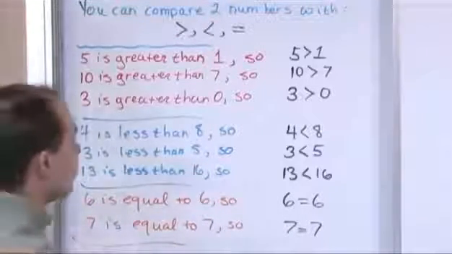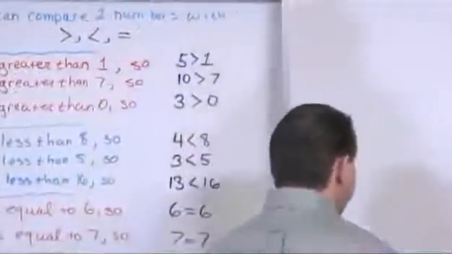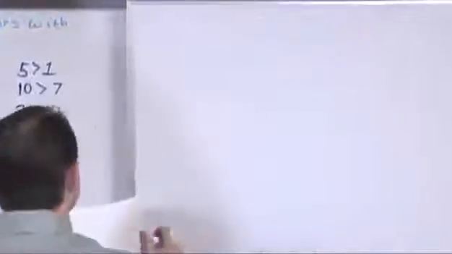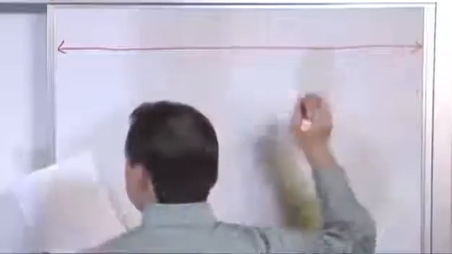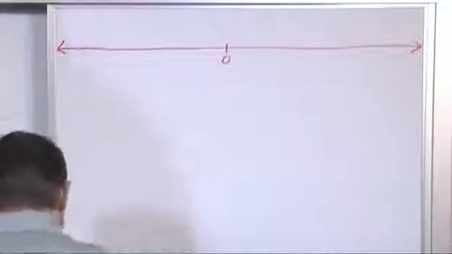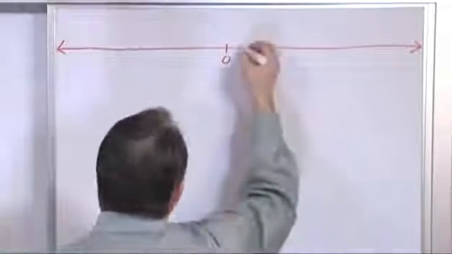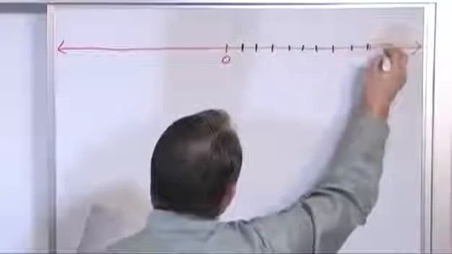Now, we're going to do one more thing before we button up this section, just to give you a little bit of additional practice. So what we're going to do is draw a big long number line again, just so you can have it as a reference, really. So this is 0, and 1, 2, 3, 4, 5, 6, 7, 8, 9, 10.